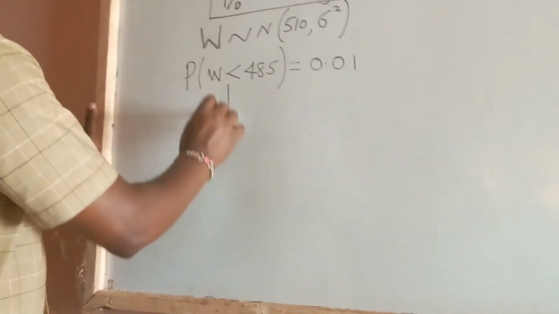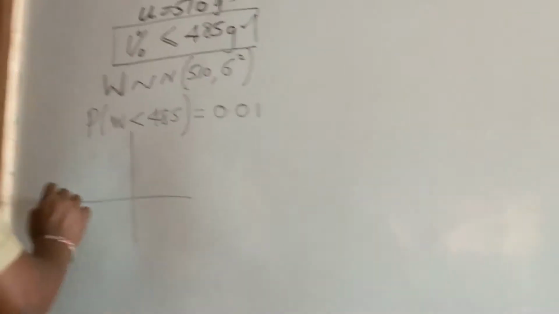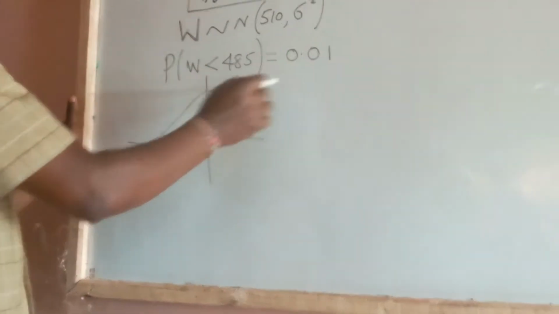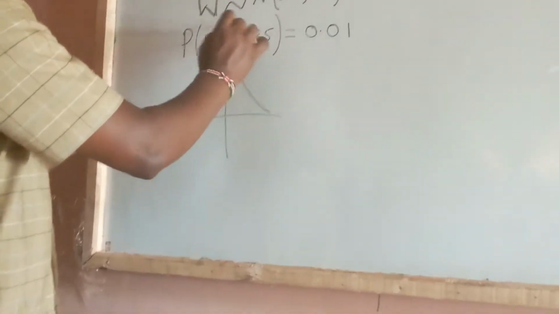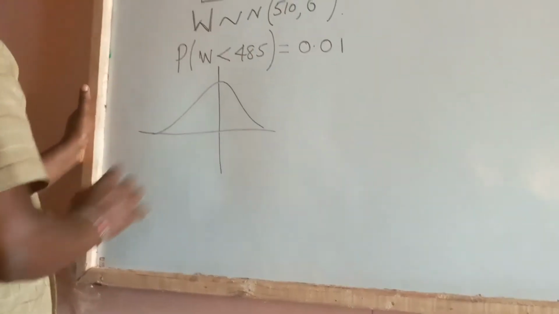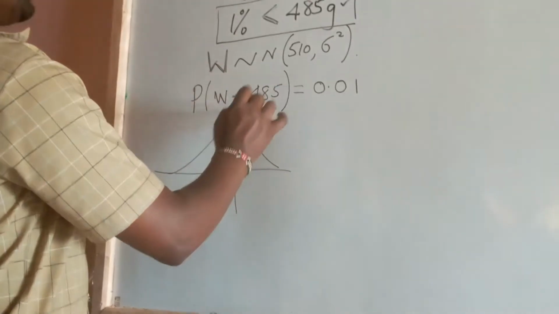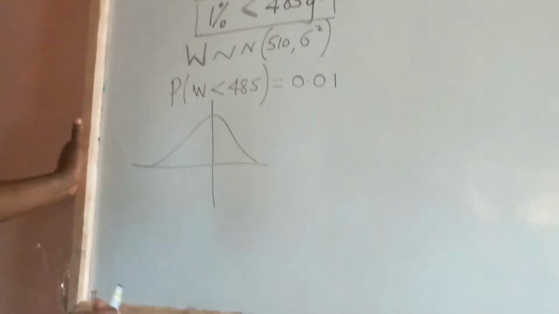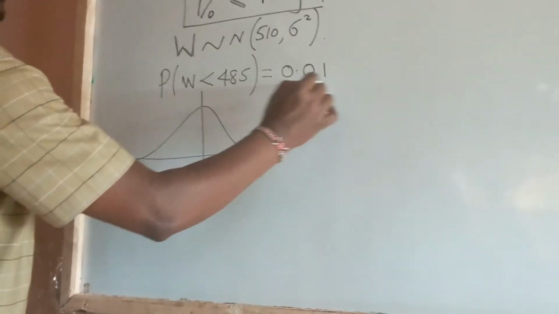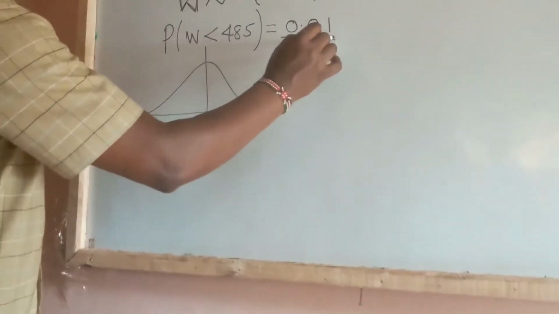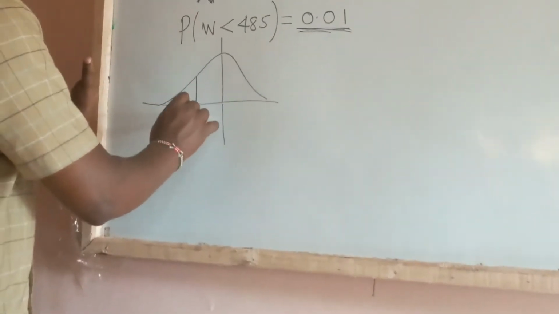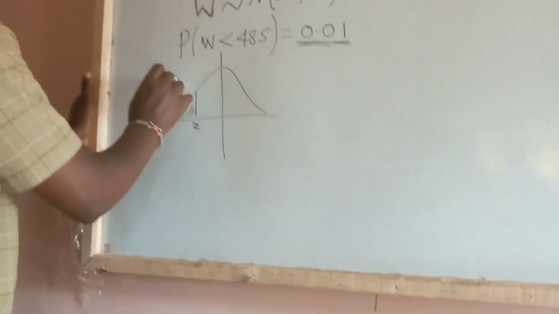That means that we have to have a model, something which is less than 485, and we have to have a z. Our unfamiliar boundary is 485, which is going to give us the z from the table. But look at this: the area is 0.01, very small, and it is to the left, so our z is going to be on the left. This region is the one which is 0.01.